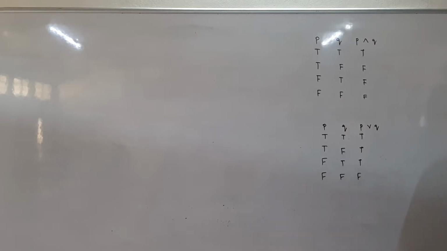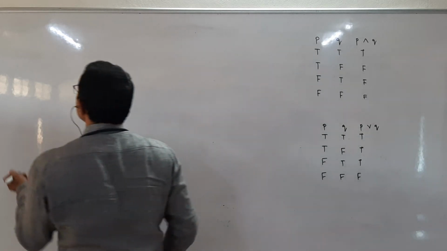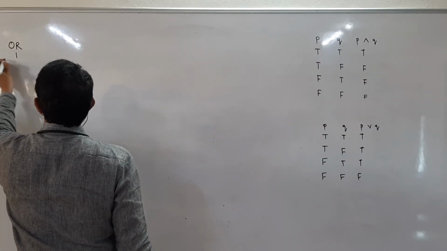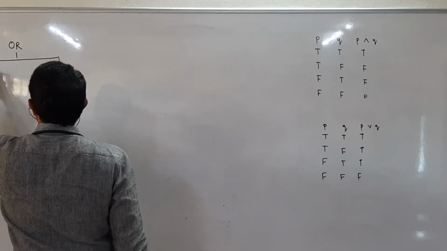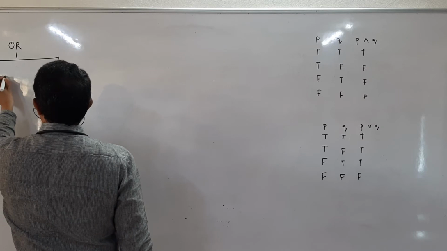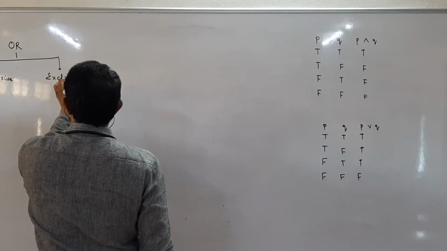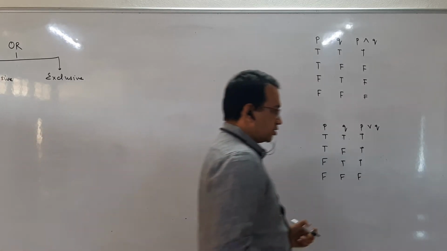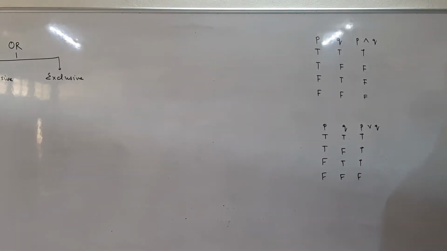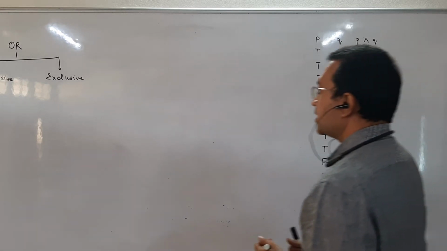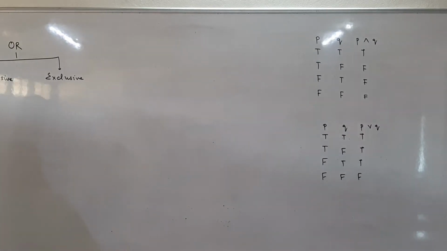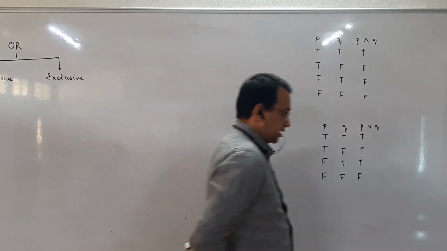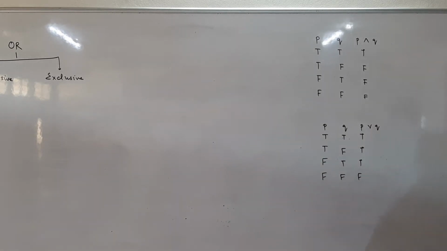Question number 4. The logical connective OR, students, is used in two broader senses. One is inclusive and, students, the other is exclusive. In inclusive or exclusive, students, what particular application do we have?